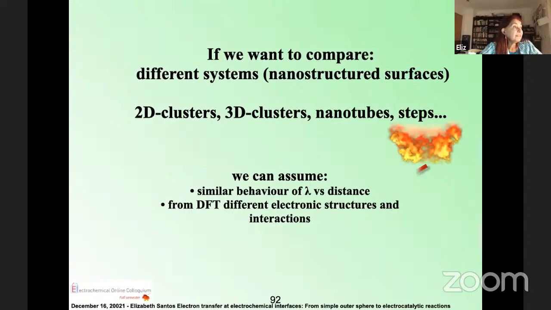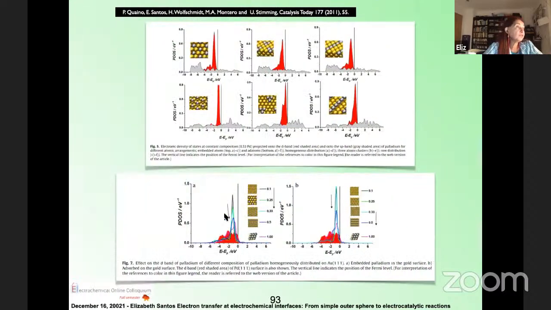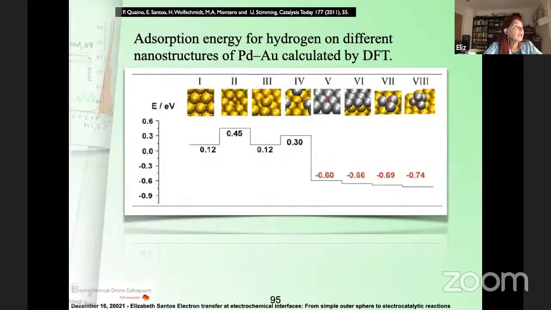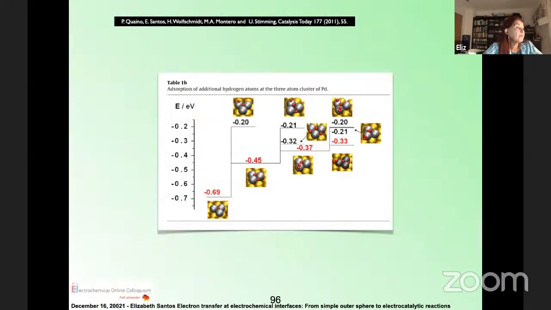In this case, we also have to take care that the change of the reorganization energy of the solvation could be very different from one nanostructure to another. We have to take into account not only the electronic changes of these different nanostructures, but also that the adsorption energies are very different depending on which part of the nanostructure the hydrogen is adsorbed.